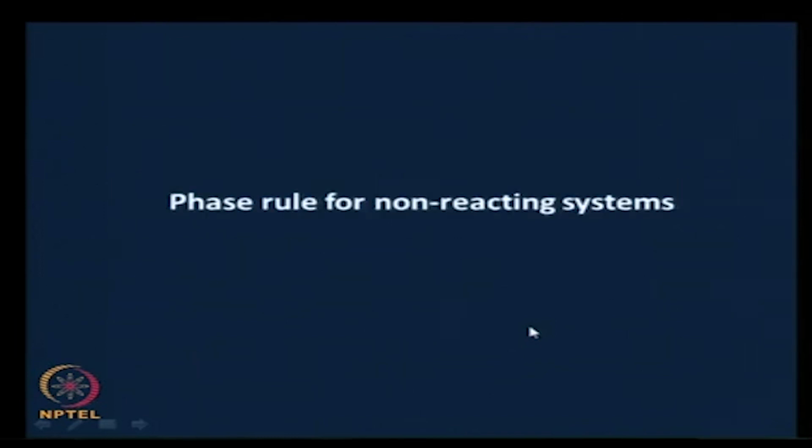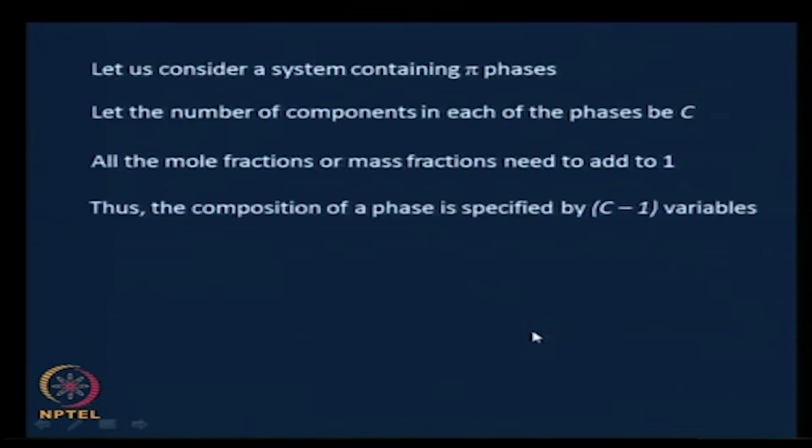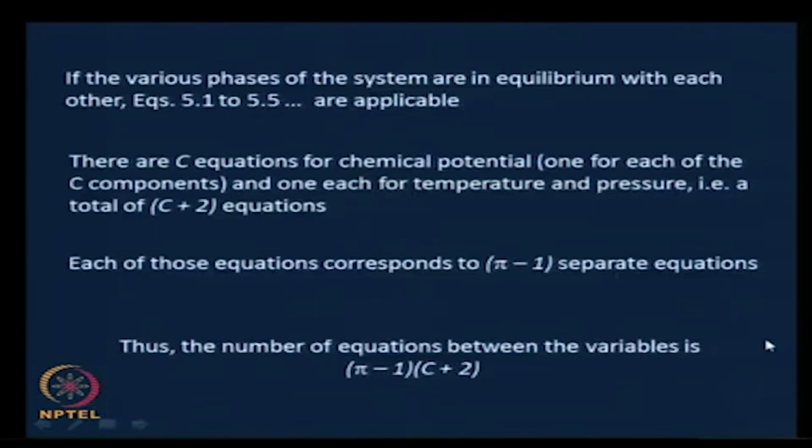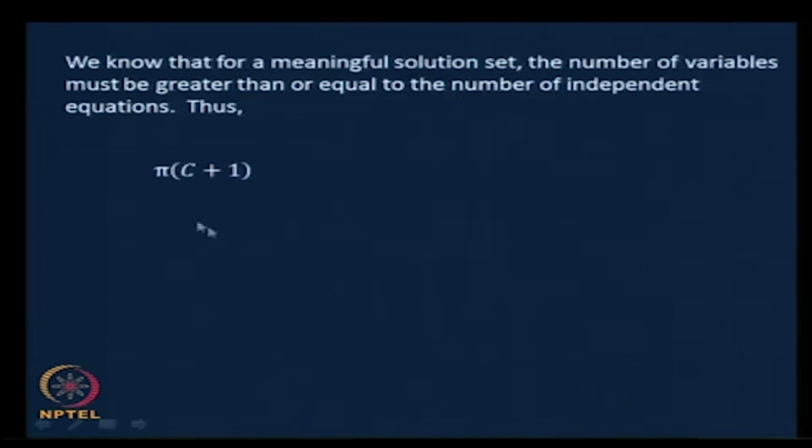And then we also saw the phase rule for non-reacting systems. The way we went about deriving the phase rule was, if we are considering a system containing pi phases and the number of components is C, then the number of equations between variables was pi minus 1 into C plus 2, and the number of variables was pi into C plus 1.